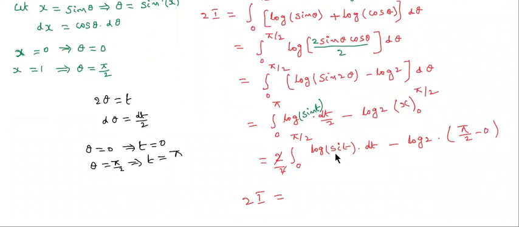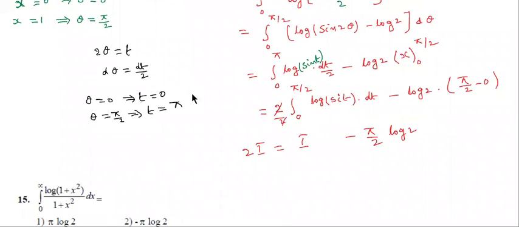So instead of that, we can write I is equal to minus pi by 2 log 2. Now this I we send to the left hand side. Final answer you will get like this: I is equal to minus pi by 2 log 2.